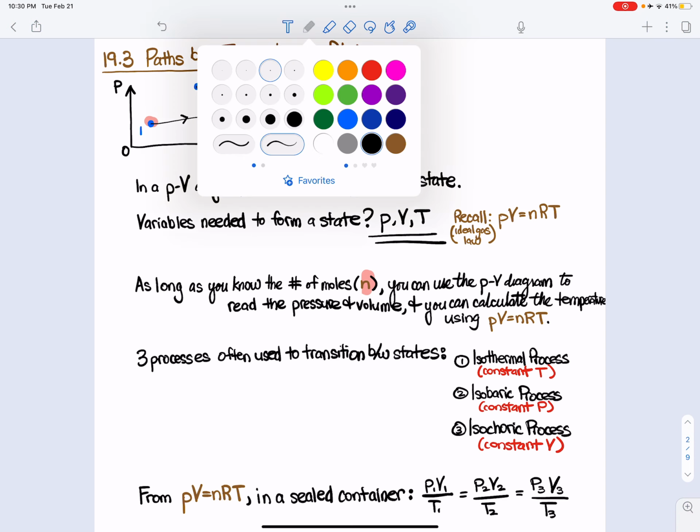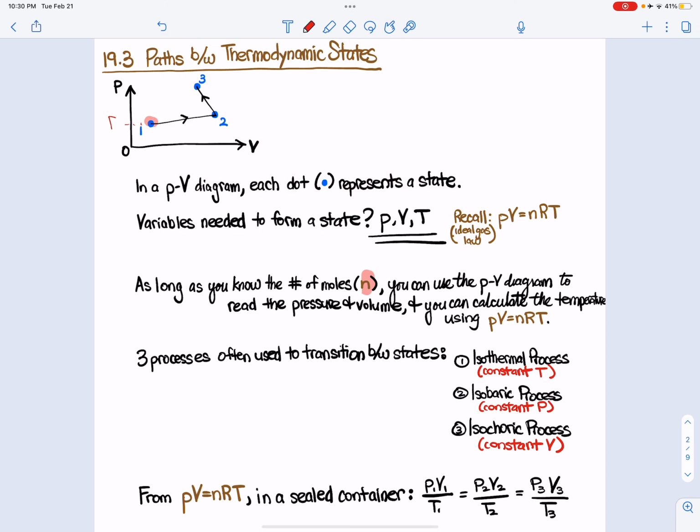So let's say for state 1, you could read pressure P1 and V1. Or if you wanted for state 3, then you could get V3 and P3. And so once you find the pressure and volume from the PV diagram, you could calculate the temperature using the ideal gas law right here, okay?